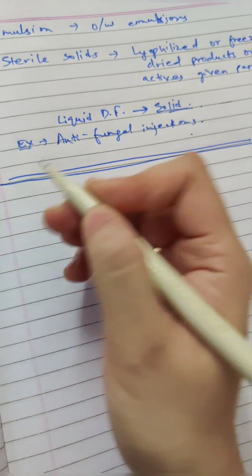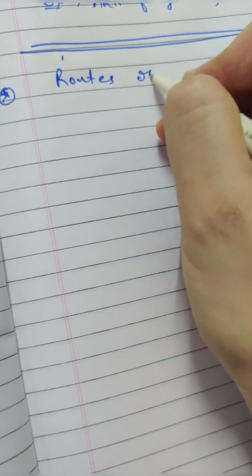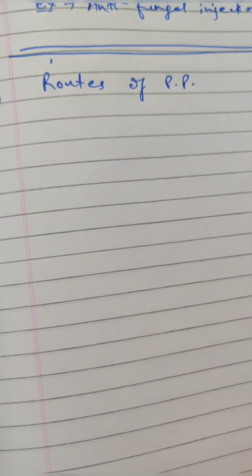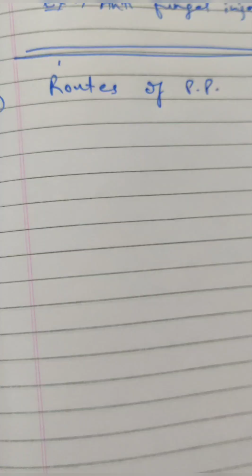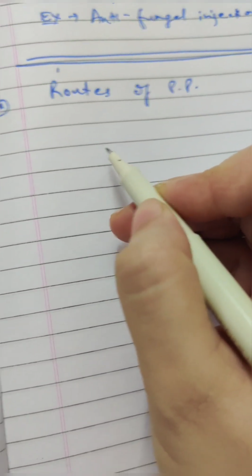Now, coming to a very important topic of parenterals, that is routes of parenteral preparations. Through which routes are parenterals given? There are various routes through which an injection or an infusion can be given.